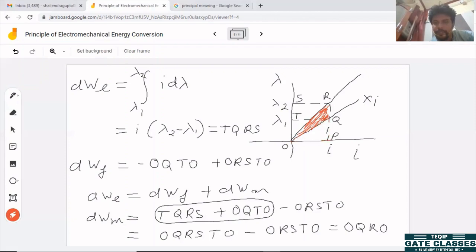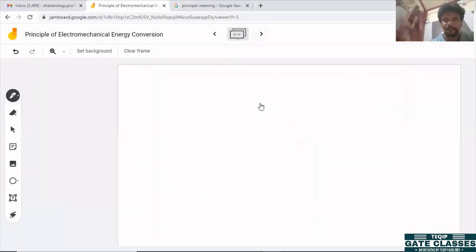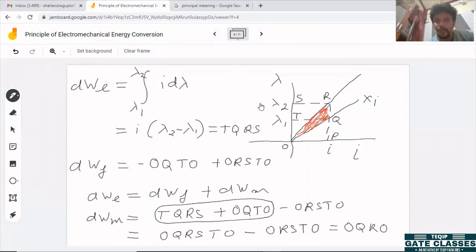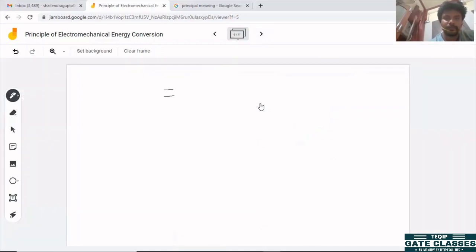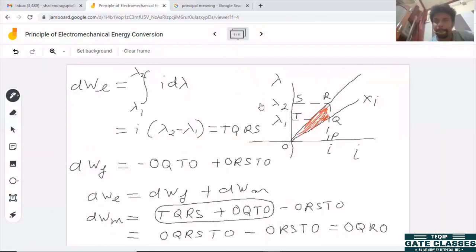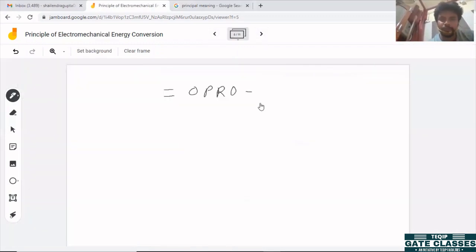This area could also be represented as OPRO minus OPQO. We can identify this as the change in co-energy.